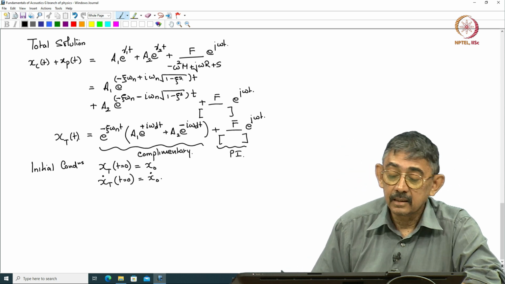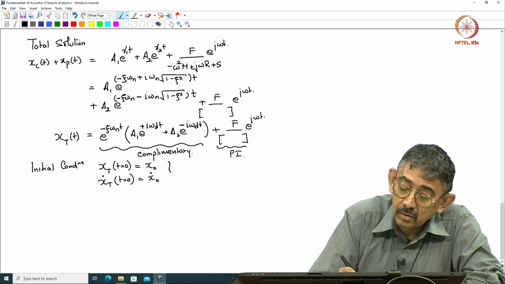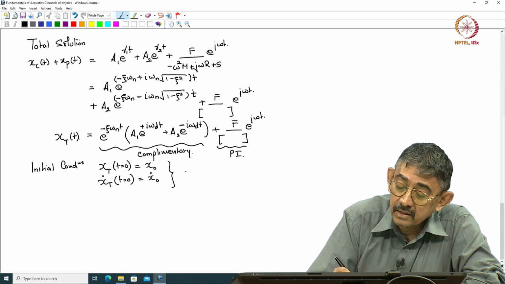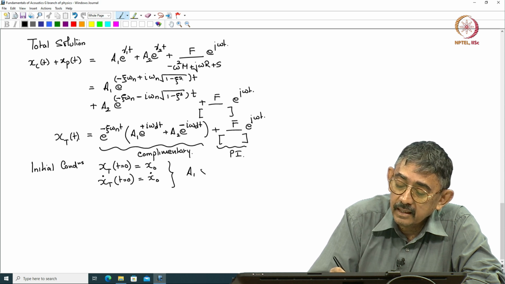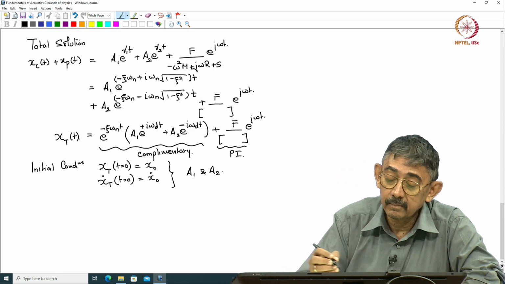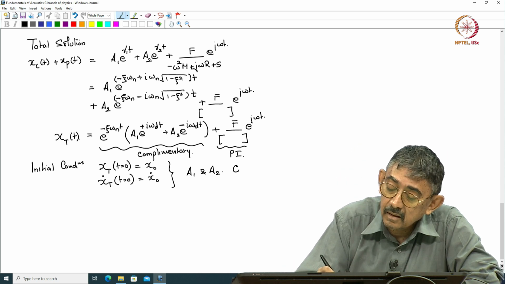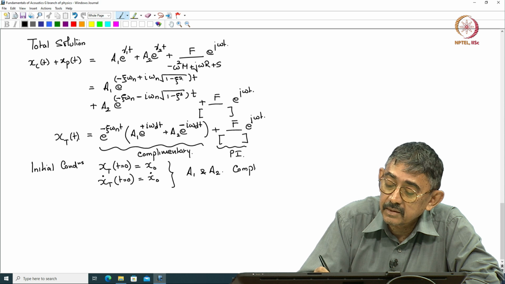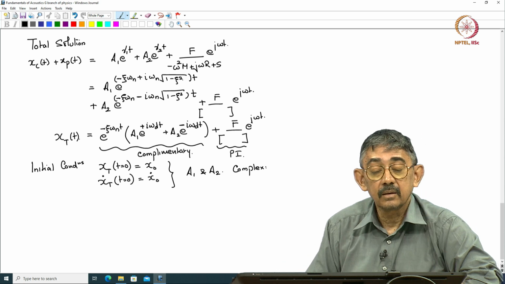Okay. Then using these two we can find the unknown constants a1 and a2. They can turn out to be complex.